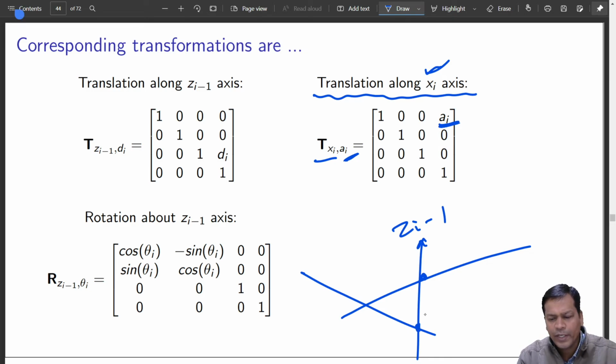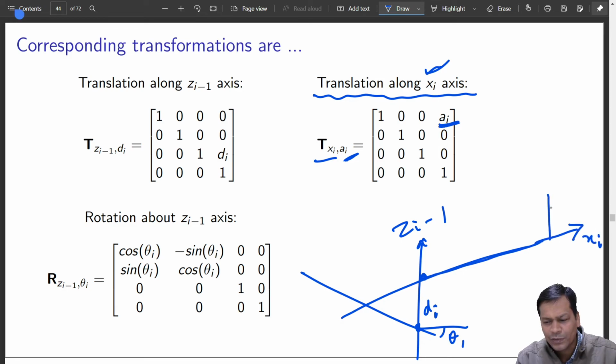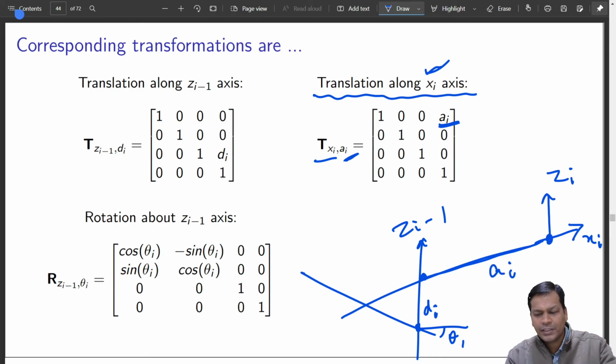This is where you were, this much you have already done, you have already rotated by an angle theta i. Now you can move along the x_i axis. This was your z_i, if you remember. So this is the distance that you want to move, and in which direction? It is along the x axis. So distance moved along the x axis by a distance a_i. So this is your link length.